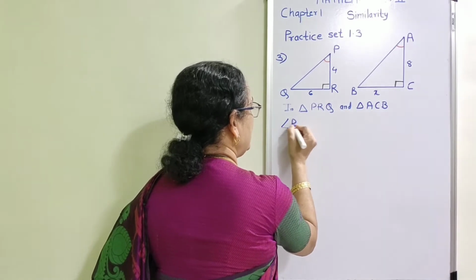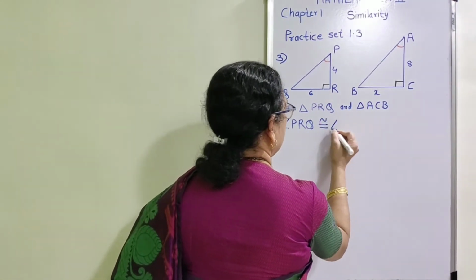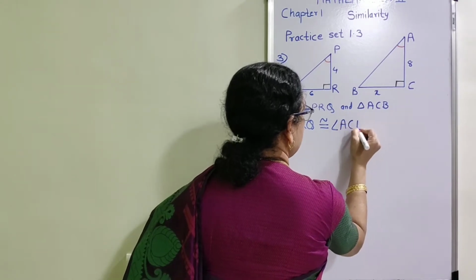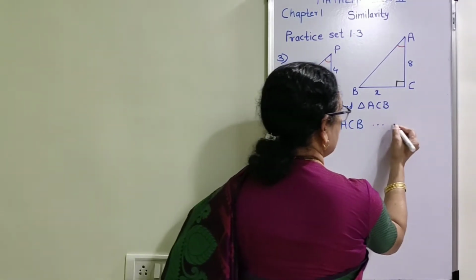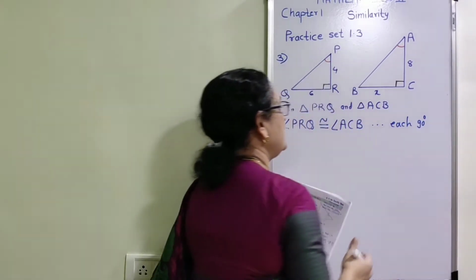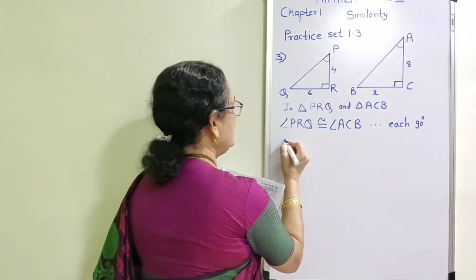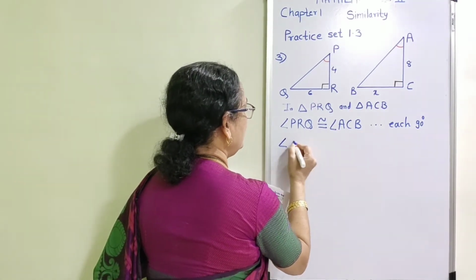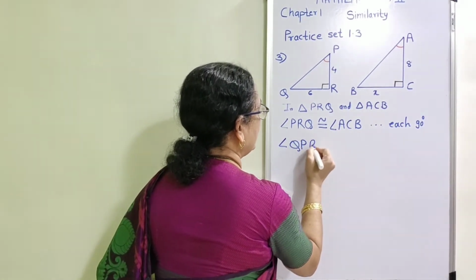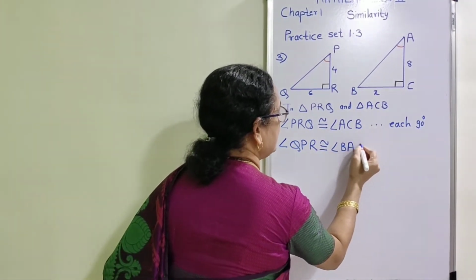Angle PRQ is congruent to angle ACB, each 90 degrees. Or if you write the reason given, then it is also correct. Also, angle QPR is congruent to angle BAC.